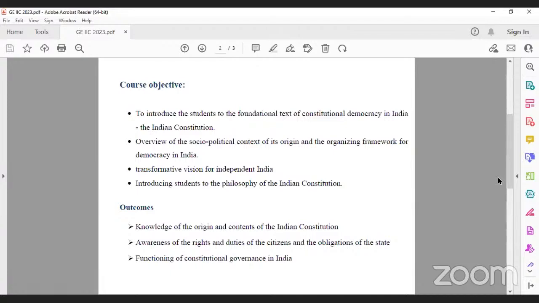It is also to discuss the very idea of why fundamental rights is placed in part 3, why directive principle of state policy is in part 4, and later on with an amendment, we included fundamental duties within Article 51A.